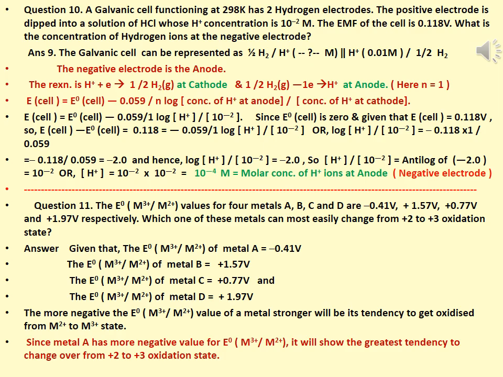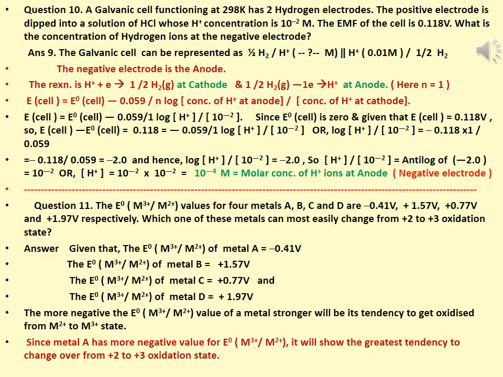Therefore, H plus ion by 10 power minus 2 is equal to the anti-log of minus 2. Anti-log of minus 2 is 10 power minus 2. Therefore, the molar concentration of H plus ions by 10 power minus 2 is equal to 10 power minus 2.